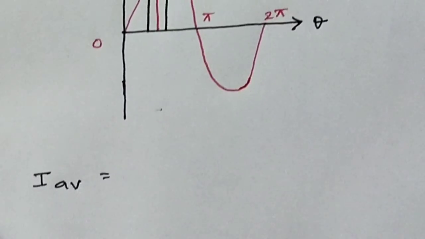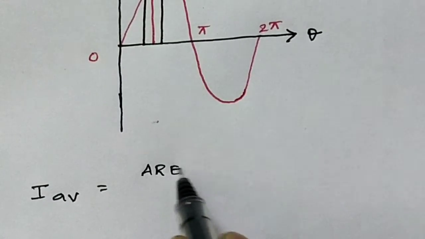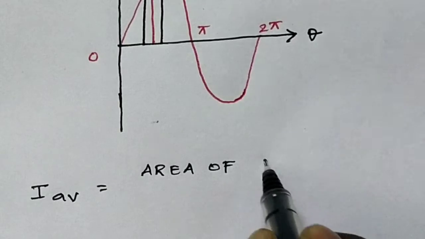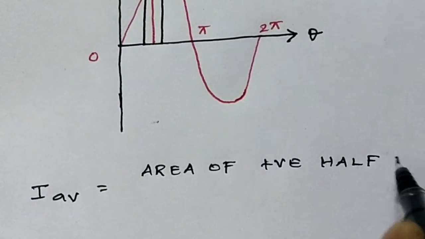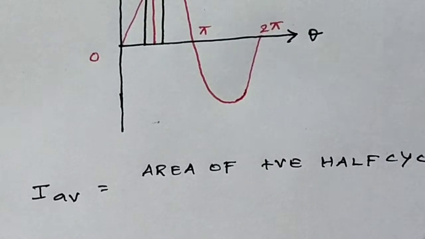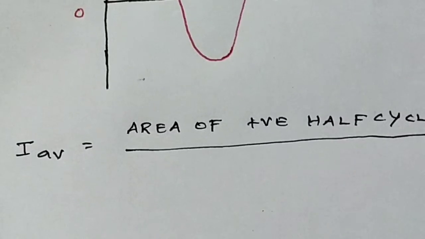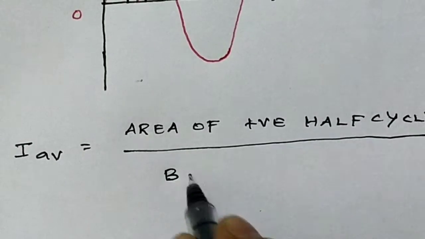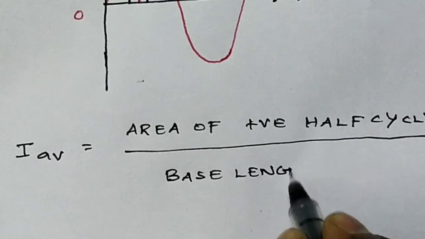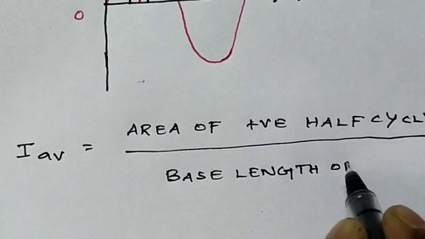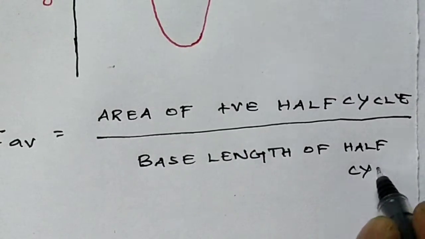I average is the area of the positive half cycle, or we can take the negative half cycle, divided by the base length of the half cycle.